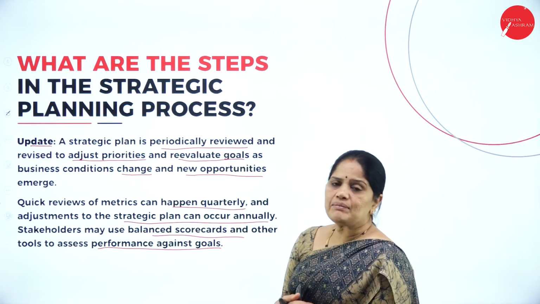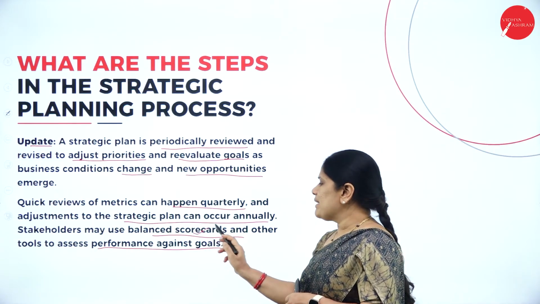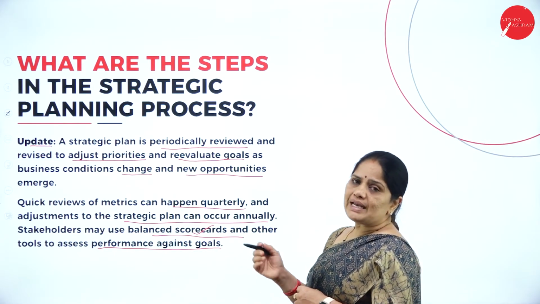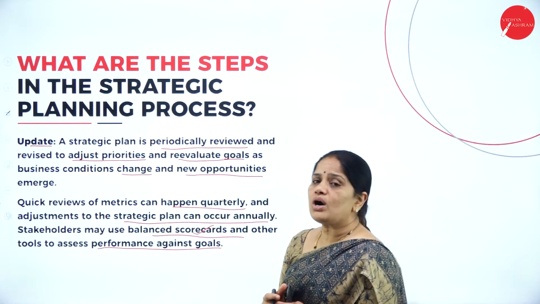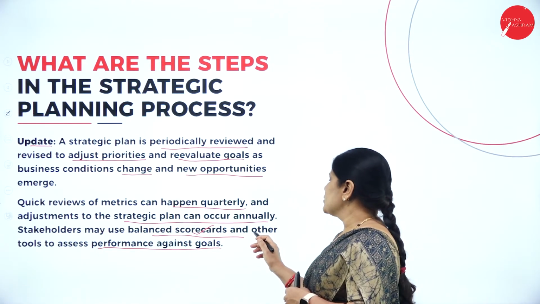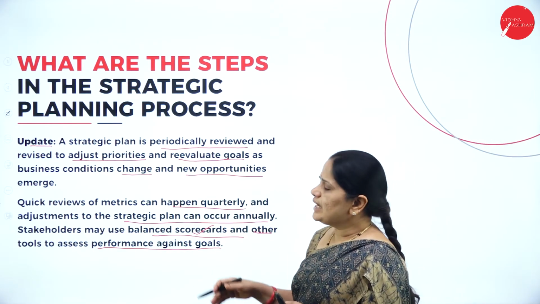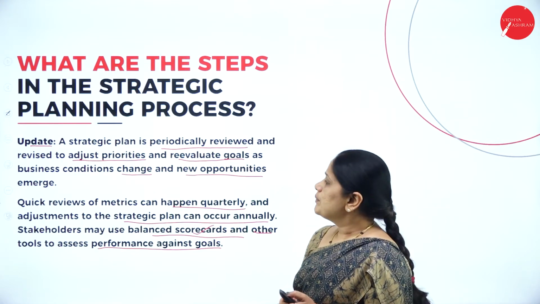The adjustments can be done annually, and then the stakeholders may use the balanced scorecards. Now, what are balanced scorecards? They help us know how far the plans are into action, and other tools assess performance against goals. All this we will have as an update in this process.